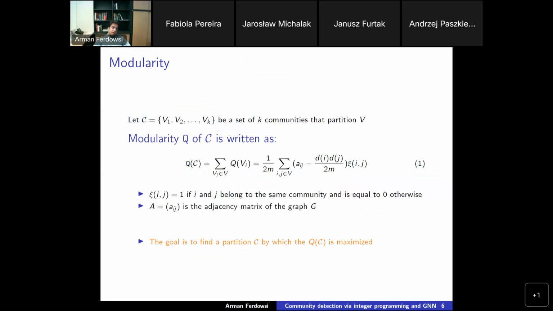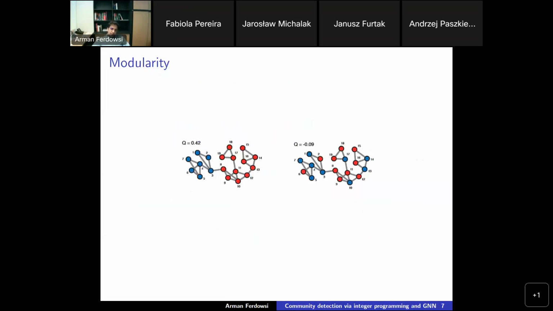Now, given a set C of K communities, we can formulate the modularity over this set as the equation shown on the slide. The goal is then to discover these communities, establishing the maximum possible value for modularity. For example, here you can see a network with two different sets of communities, each of which leads to a different modularity value.